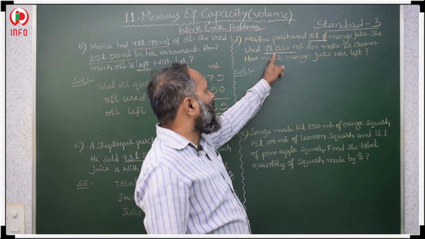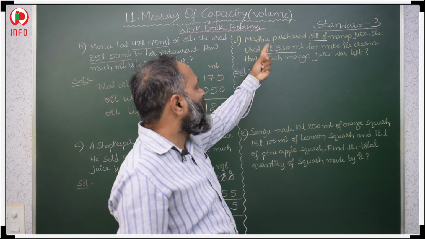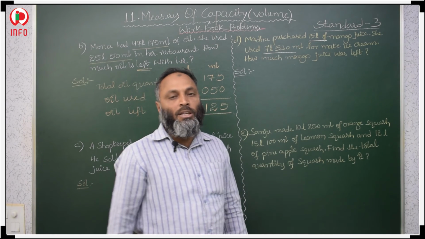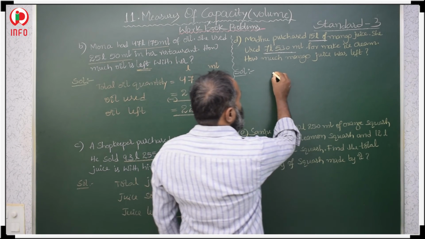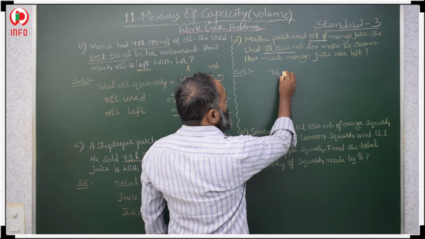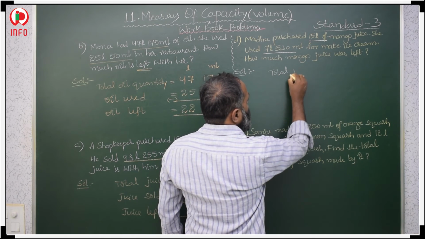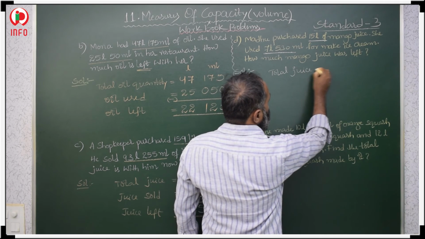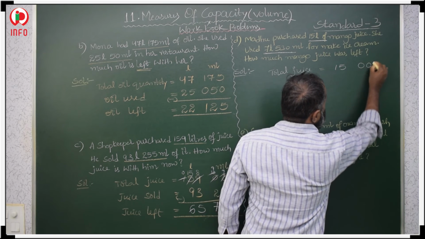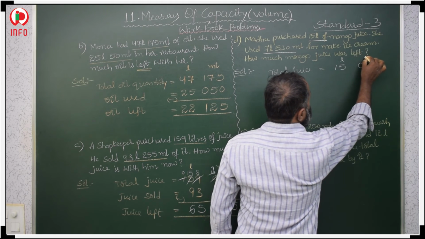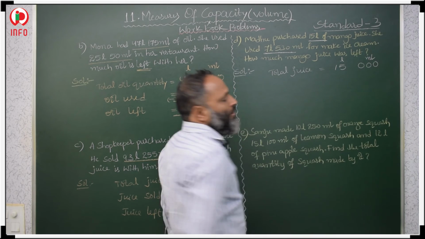From the total juice, how much she used, that we have to subtract, then you will get how much juice is left. Total quantity of juice, how much? 15 liters. Here no milliliters means 0, 0, 0 milliliters. This is in liters, this is in milliliters.